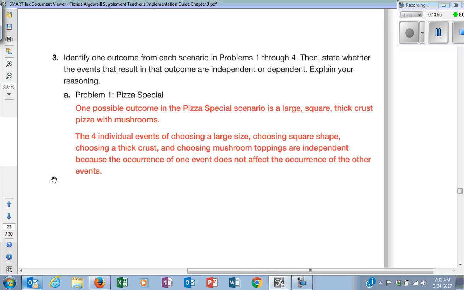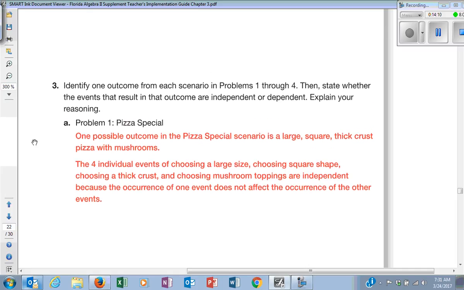Identify one outcome from each scenario in the problem. State whether that event, result, or outcome is independent or dependent. So one possible outcome in the pizza is a large, square, thick crust pizza. So this is an outcome. This is one of the things that the person could order. Do you remember we made a list of them? And they chose one.